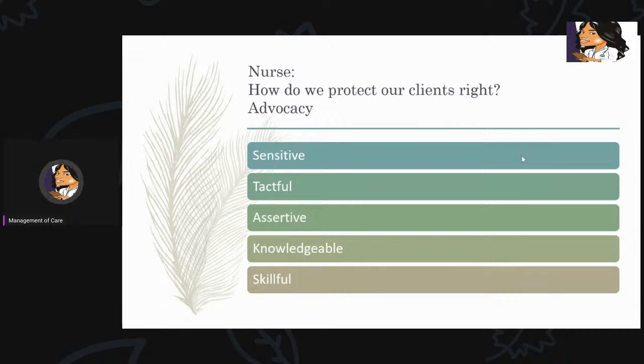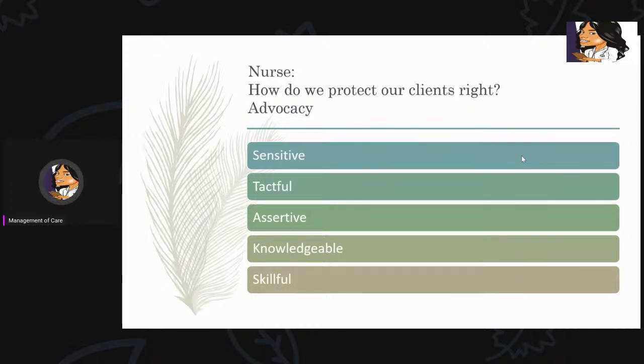Okay, so how do we protect our clients? Advocacy. We can advocate by being sensitive, tactful, and remember the word assertive. Nurses have to be assertive. We can't be timid and docile. We have to be assertive because remember, you're speaking for the patient. Knowledgeable.